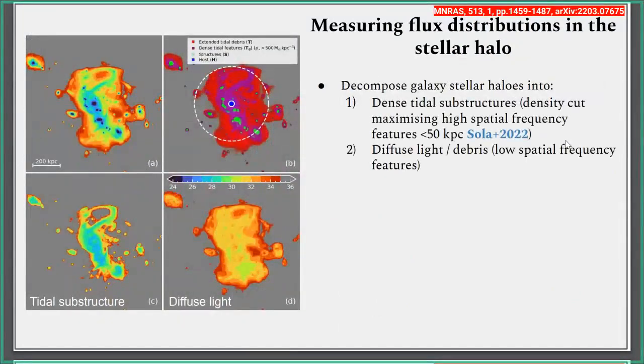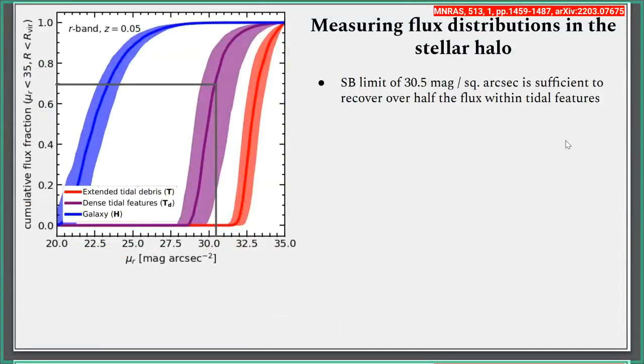With that, we can start to look at the flux distribution within the stellar halo. If we assume we can achieve a surface brightness limit of something like 30.5, 30.3, then we find that this is sufficient to recover about half of the flux within the dense component of the stellar halo, so essentially the tidal features.